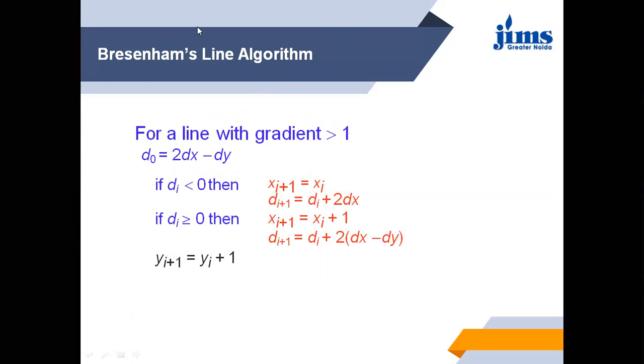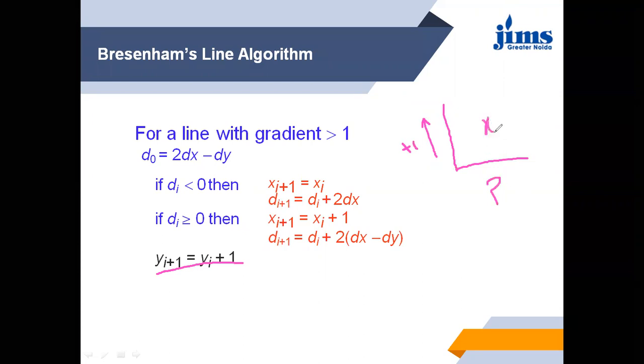In this case also, the next coordinate in the y direction is plus 1 every time, meaning we increment by 1, and we have to find the value of the next pixel in the x direction.